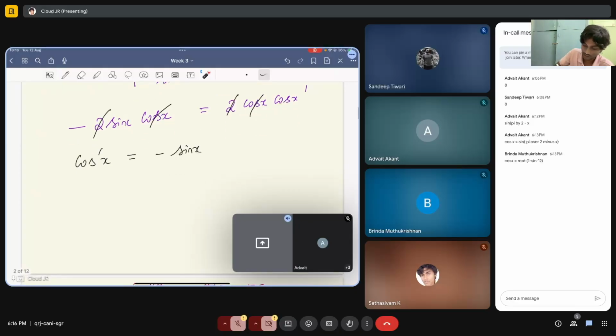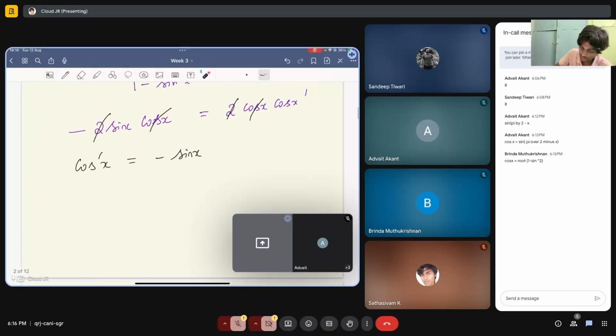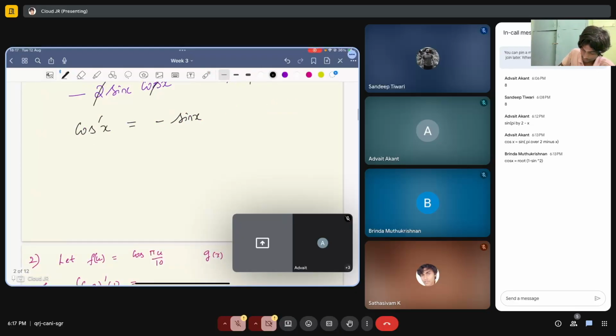So let's compute the derivative of cos at x equal to pi by 2, because at x equal to pi by 2, cos pi by 2 is 0, right? So you cannot directly use that. Okay, so let's compute the derivative of cos x, d by dx at x equal to pi by 2.